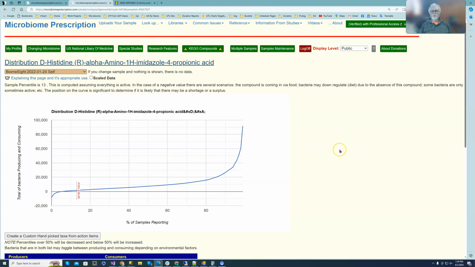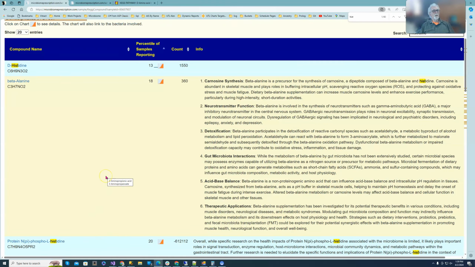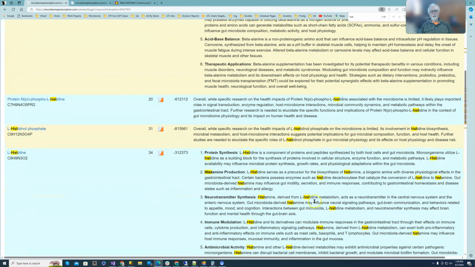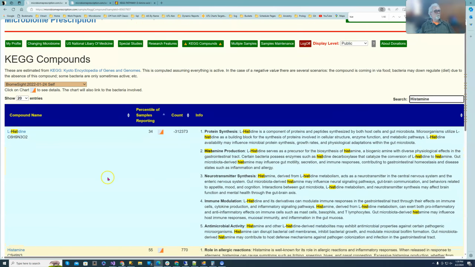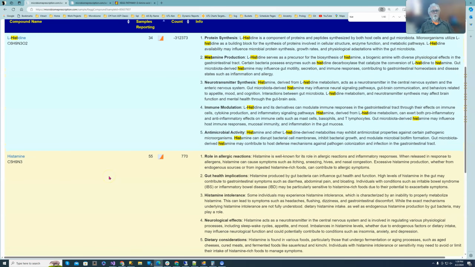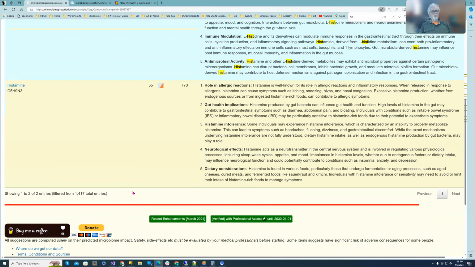Okay, and I think that's about it. That just simply shows you getting the full panacea of compounds producing, which may be helpful. Again, generally there's too much information there to easily do. Often you may want to go in and type in a particular word like histamine, and there's only one. There is histamine, and it gives you information above it.